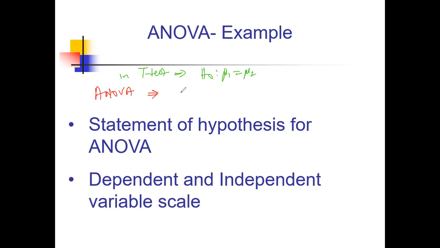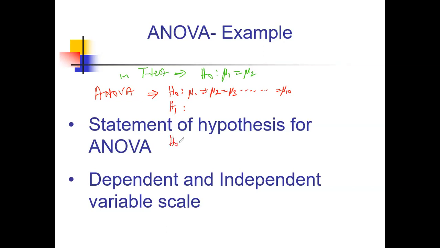Let's say I have 10 groups to compare, then my H0 will be written as mu1 is equal to mu2 is equal to mu3, all the way to being equal to mu10. The problem with ANOVA in symbols is when you want to write the alternative hypothesis, and we'll come back to why this is difficult. So let me write it in words here.